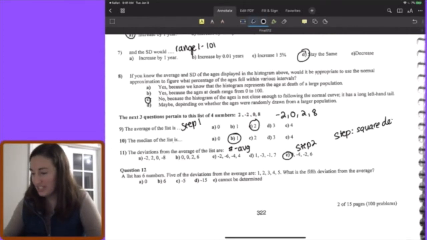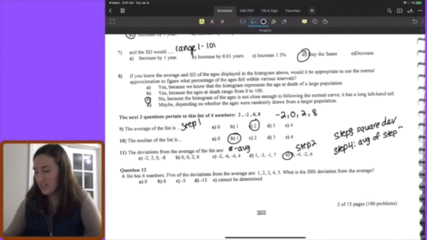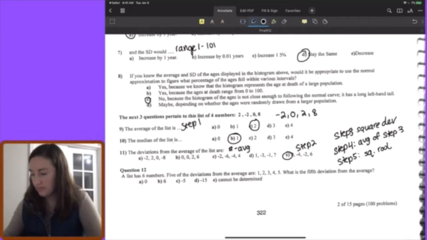Step 4 would be to take the average of the squared deviations from step 3, and then step 5 would be to take the square root. So this doesn't ask for the standard deviation, but I'll give you guys a hint. The one on the actual final does ask for it.